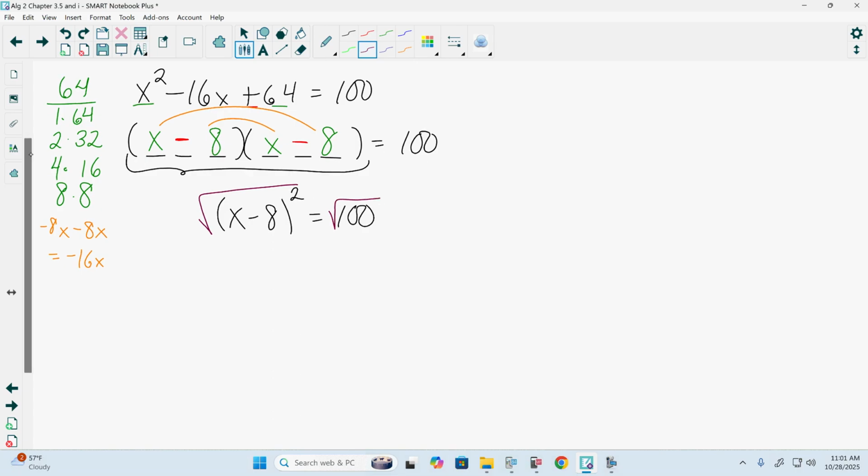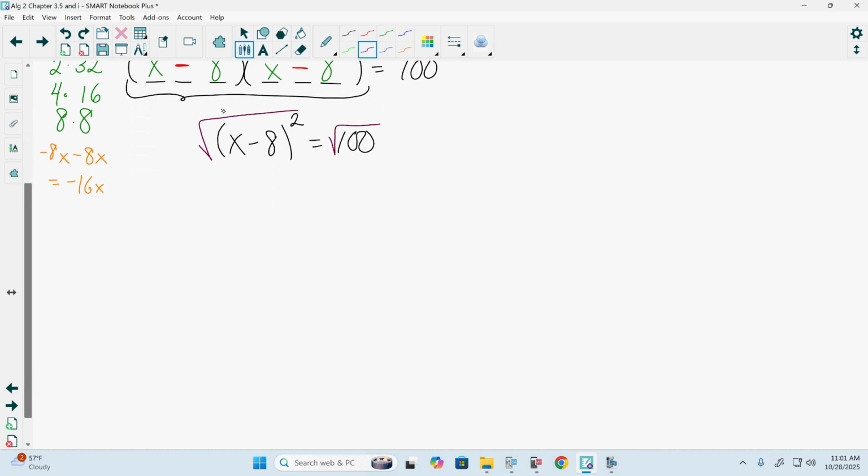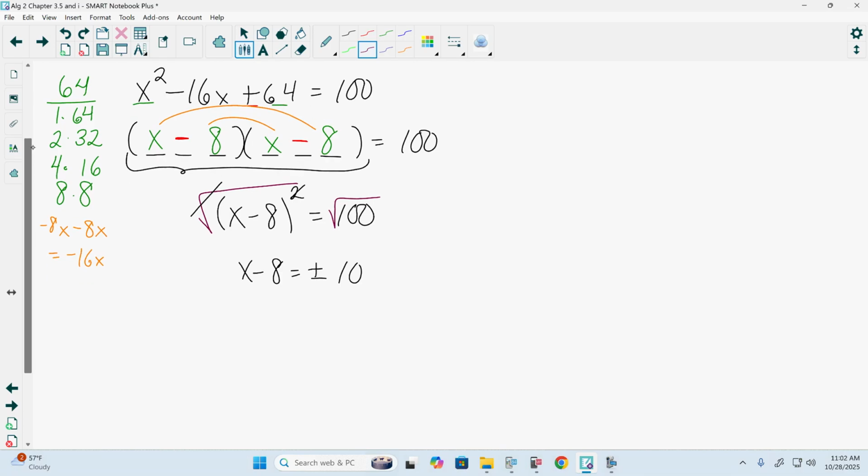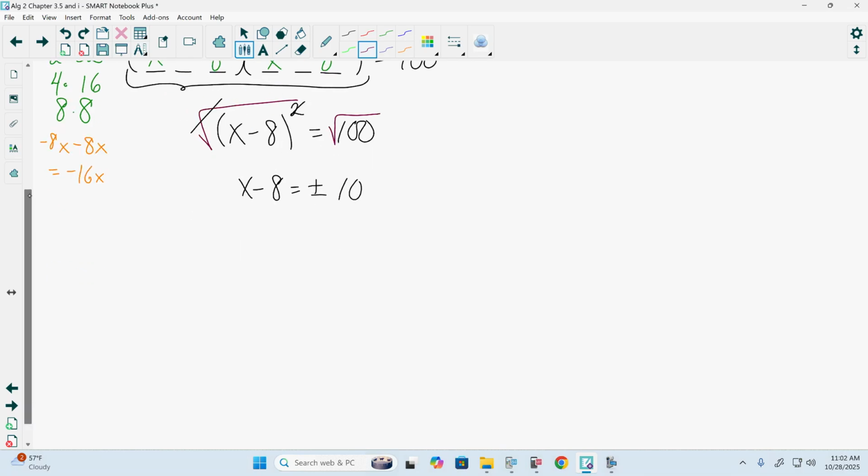square root both sides. And on the left-hand side, the square root and square will cancel, telling me that x minus 8 is equal to, well, the square root of 100 is 10. So even though we started out with an equation that had a square term, a middle term, and a constant term, we're able to factor it, get it to a perfect square trinomial, or have it as that single set of parentheses squared, so we can take the square root of both sides, and then solve for x.